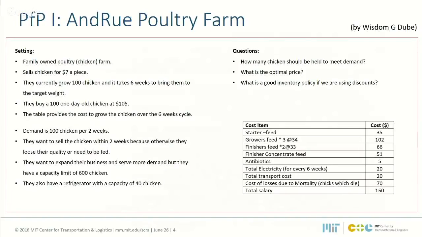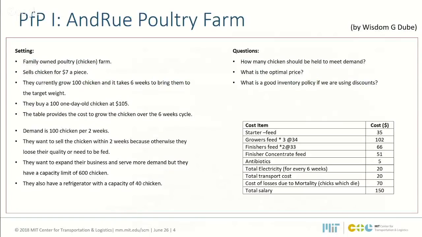And then they currently face a demand of 100 chickens per 2 weeks, so 50 chickens a week. It seems to be deterministic in this first exposure. We'll discuss that later. What they want is to sell their chickens fresh. That's one of their important objectives.